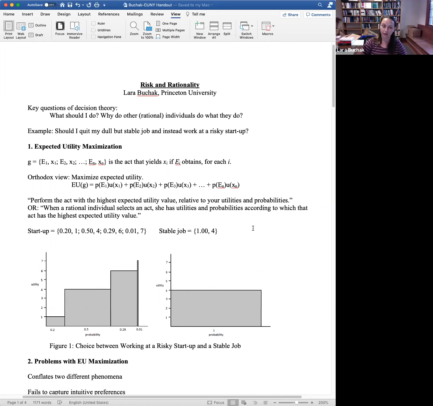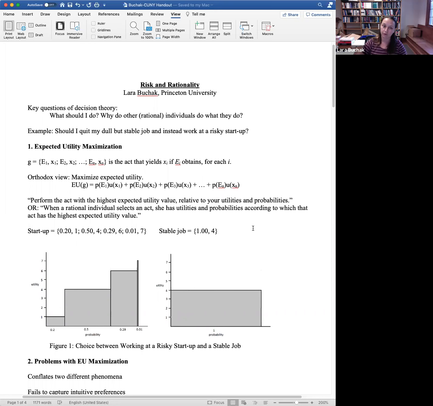The other way to think of this is, it turns out there are these theorems called representation theorems. They say that as long as your preferences satisfy certain axioms, you can be represented as having a utility function whose expectation you maximize.